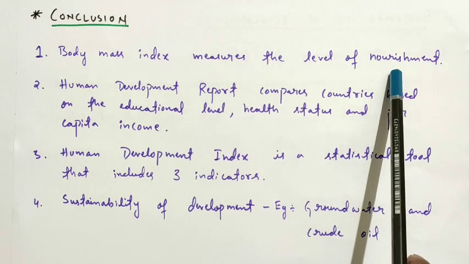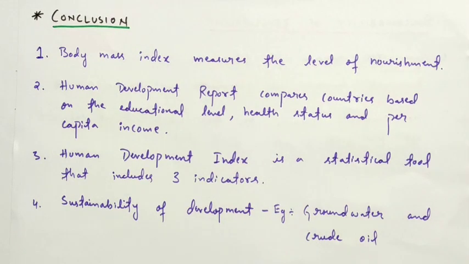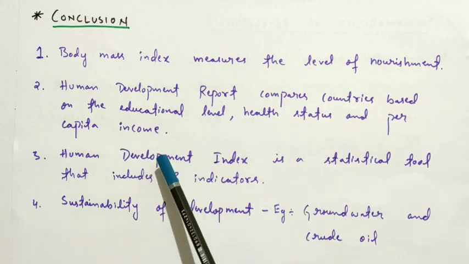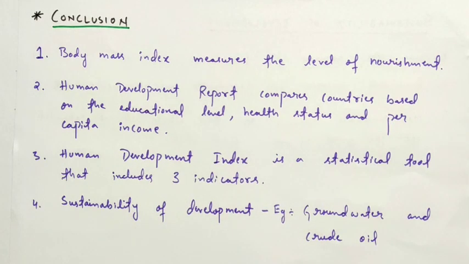And to compare the countries, there is an analysis of the data under the Human Development Report based on the educational level, health status, and per capita income of the people. And it is published by the United Nations Development Program. And UNDP has been presenting the measurement of human development in terms of a Human Development Index.